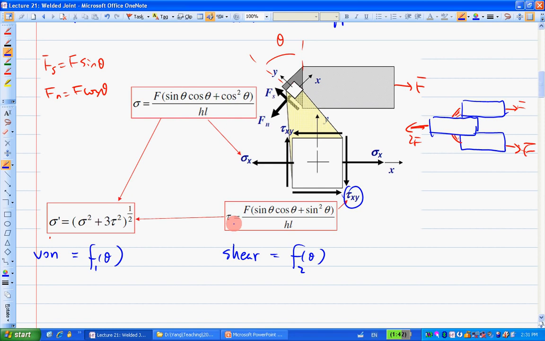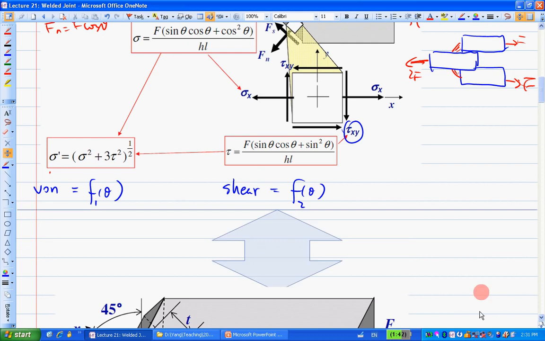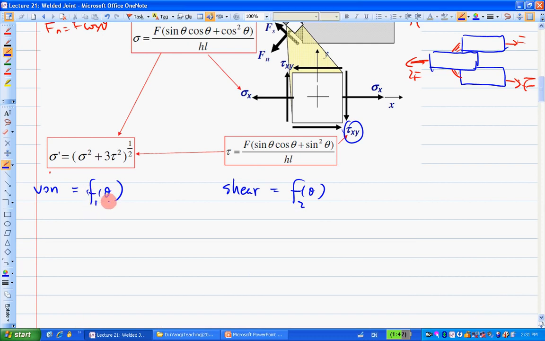So at a certain value of theta, you will have a maximum. Mathematically, we can find at what angle of cut theta the von Mises stress will be the maximum, and at what angle of theta the shear stress tau xy is going to be a maximum.